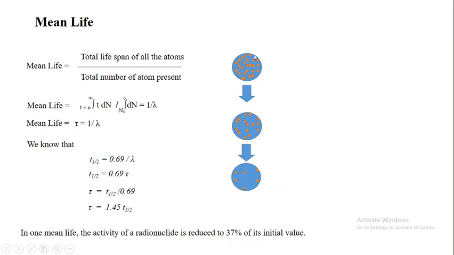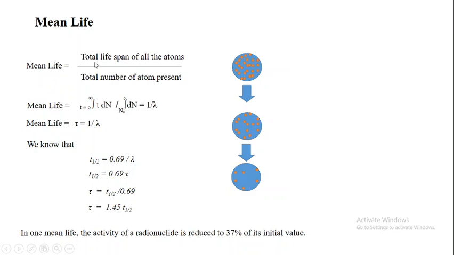For example, between these two, this one is not present now here, so it was disintegrated. And why not this one? It is a totally random process. Not all the radionuclides will be disintegrated. Due to this reason, we can say that mean life is always greater as compared to the half-life. So how can we calculate mean life?